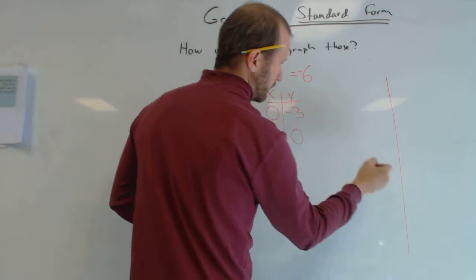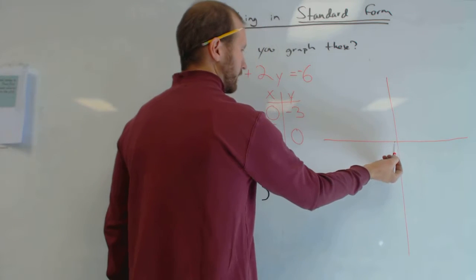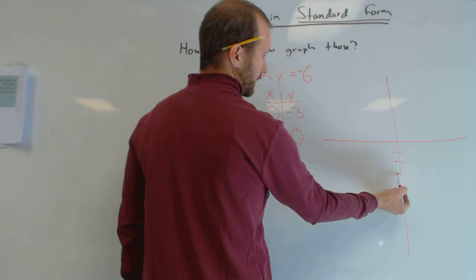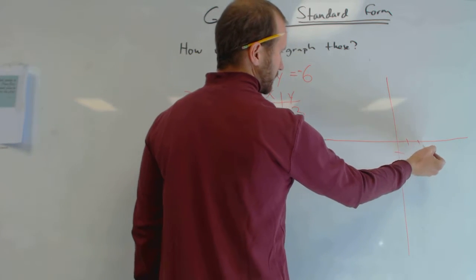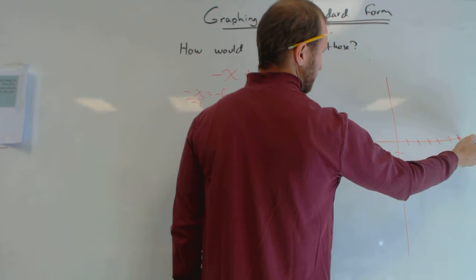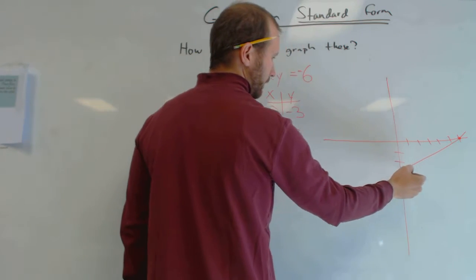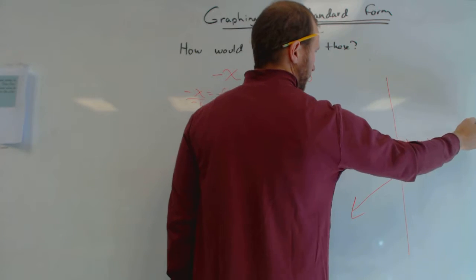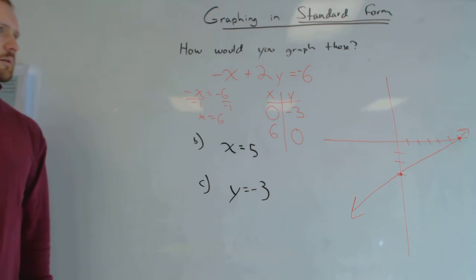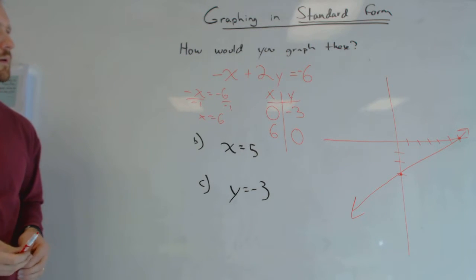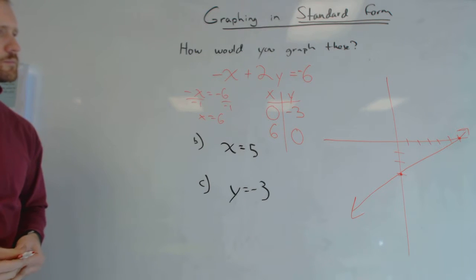Okay. Let's graph that. 0, negative 3, and 1, 2, 3, 4, 5, 6, 0. Does that make sense?